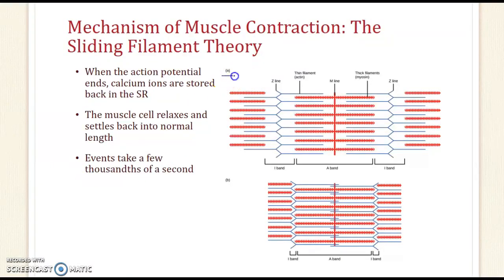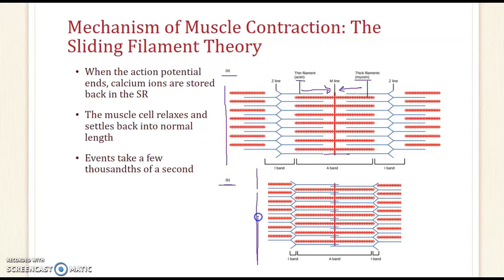And I really want you to look at these pictures A and B right here. This is a relaxed sarcomere. So the blue represents your actin and the red represents your myosin. So what happens here is you can see when we have that power stroke happen, the actin moves closer together, causing this H zone to become shorter. They're moving towards that M line.